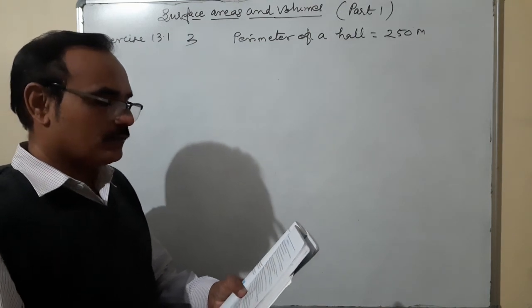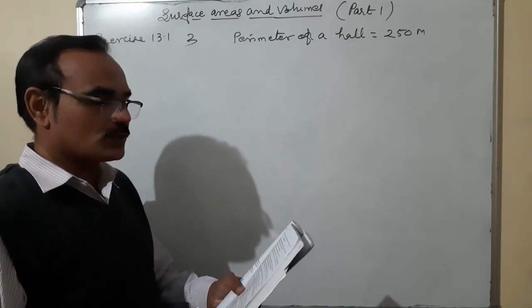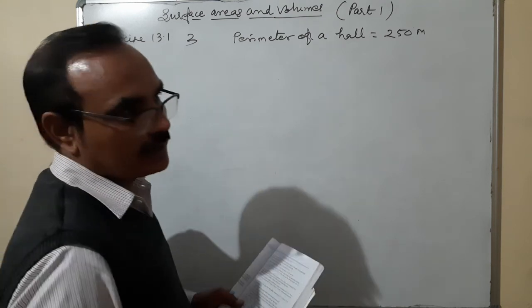Cost of painting the four walls at the rate of rupees 10 per meter square is rupees 15,000.